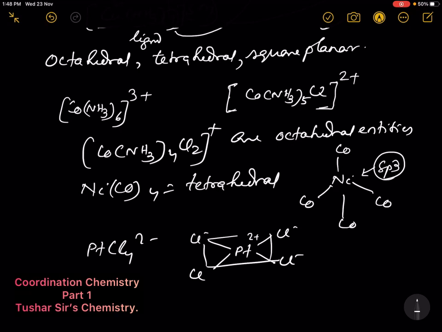This is square planar having dsp2 hybridization, and this is tetrahedral having sp3 hybridization. We'll discuss later.